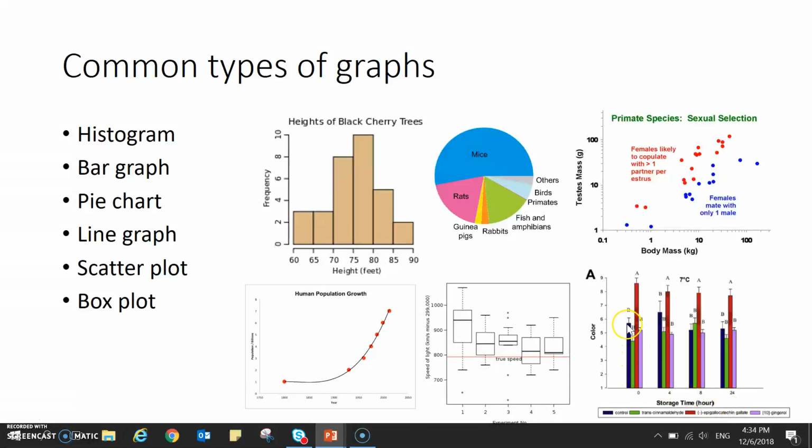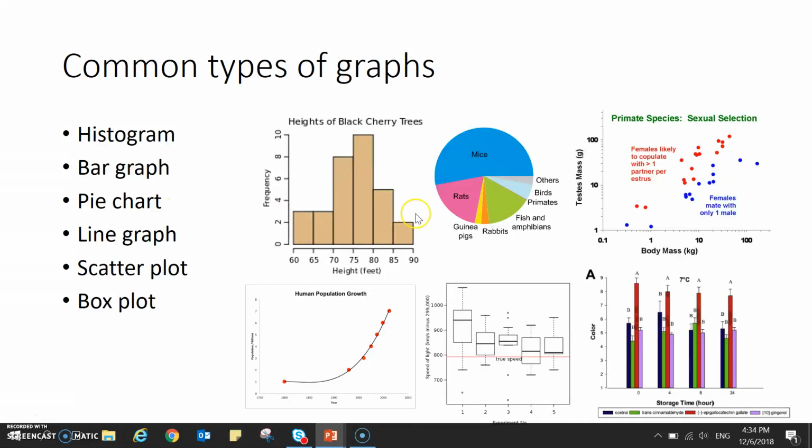You can see the mean color intensity of each of these treatment groups at a specific time. And the error bar would show you the standard deviation for that particular sample. It is good for comparison among the different treatment groups as well as at the various time points.